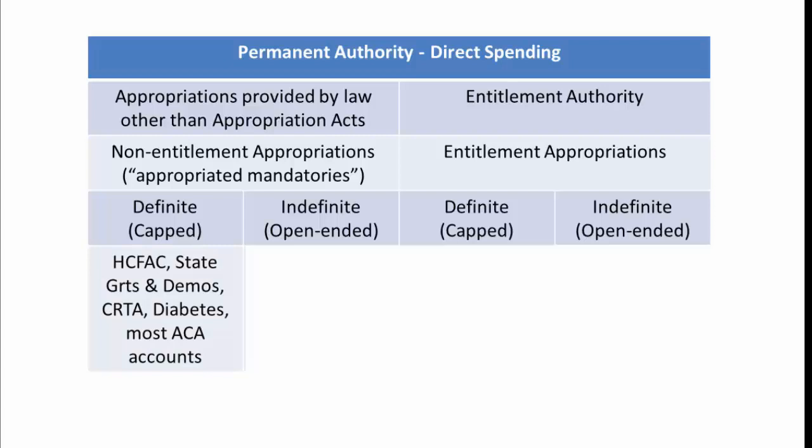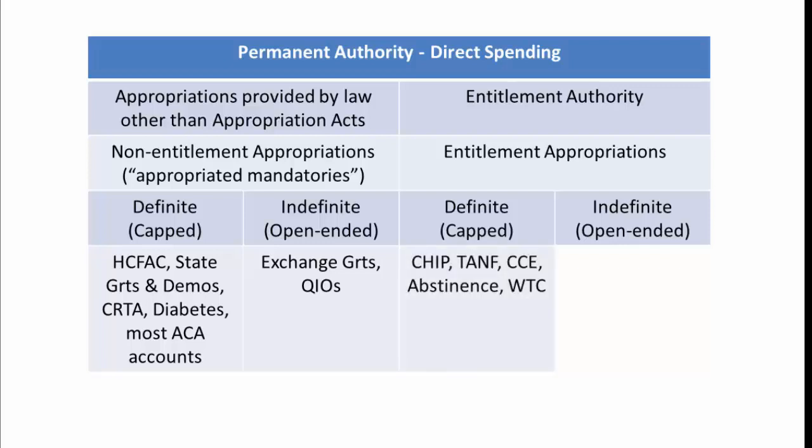Examples of definite or capped non-entitlement appropriations include healthcare fraud and abuse control, or HCFAC, state grants and demonstrations, Indian Health Service and National Institutes of Health diabetes programs, and most Affordable Care Act appropriations. Examples of indefinite or open-ended non-entitlement appropriations include the American Health Benefit Exchanges and the Quality Improvement Organizations, or QIOs.